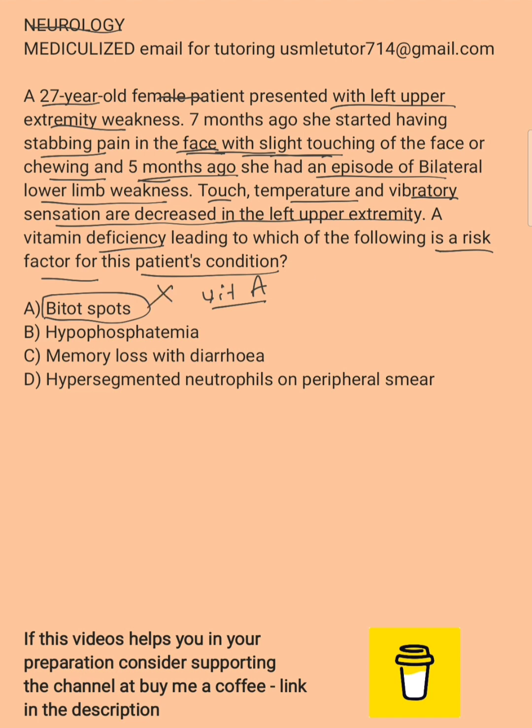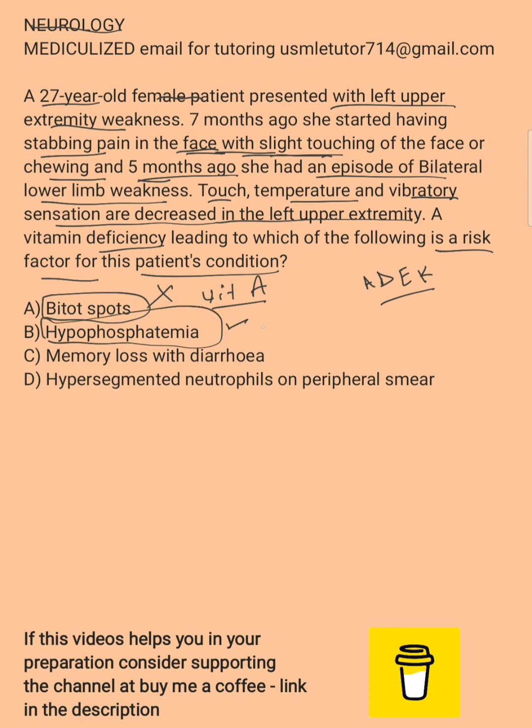But remember, they may give you a question where fat soluble vitamins are deficient. In that case, they can give Bitot spots, because the fat soluble vitamins include A, D, E, and K. Conditions like malabsorption, like celiac disease, are conditions where you can see this vitamin deficiency. Then we have hypophosphatemia.